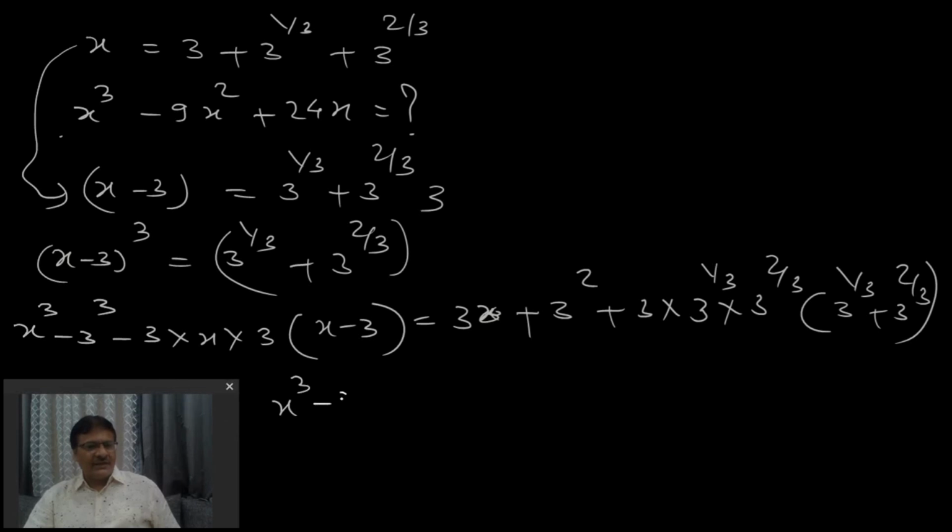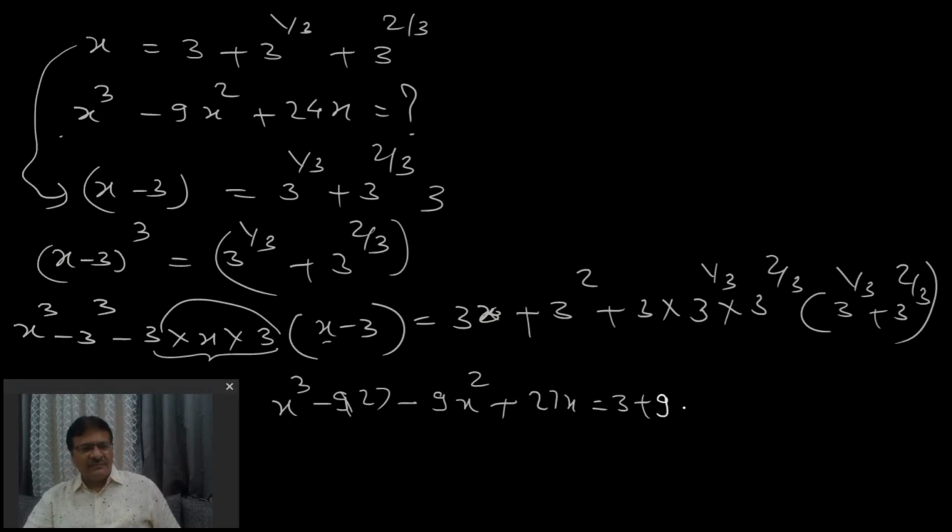x cube minus 9, 3 3s are 9. Oh, sorry, it's 27. 3 cube minus 3 3s are 9x. This 9x into this x, that is 9x square, then minus plus, then 3 3s are 9, 3s are 27x equal to, this is 3, this is 9 plus this is 3, this would become 1.